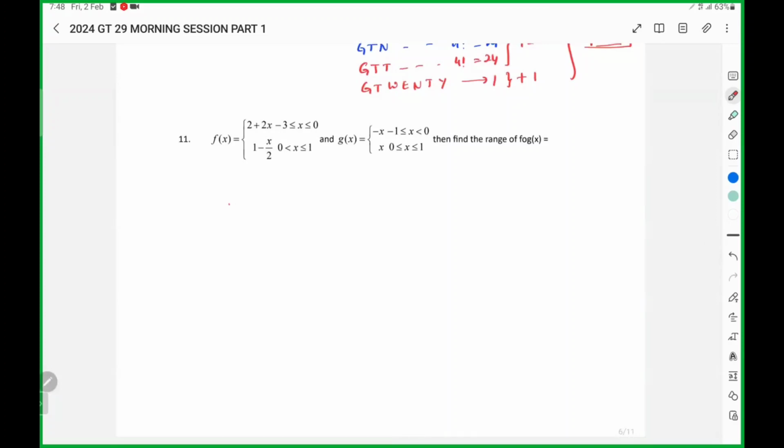When x lies between 0 and 1, let me take 0 less than x less than 1, that I will take separately. g of x is x. f of g of x is f of x. In this it will be 1 minus x by 2.